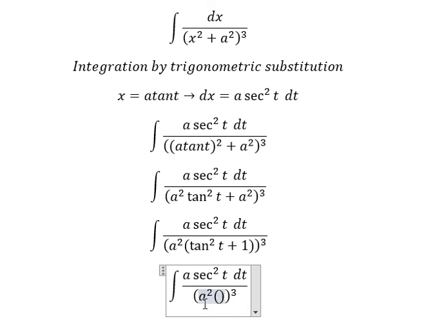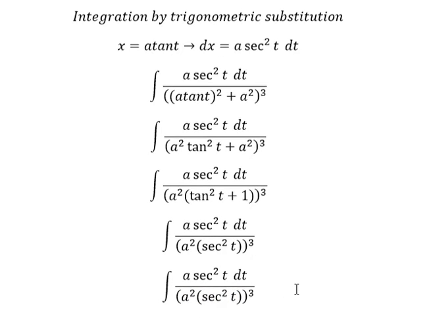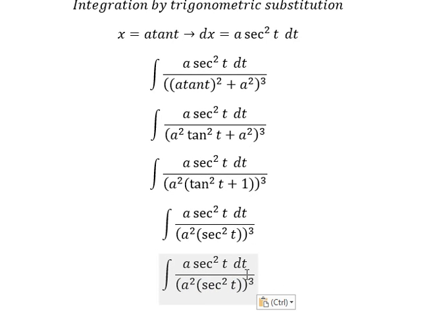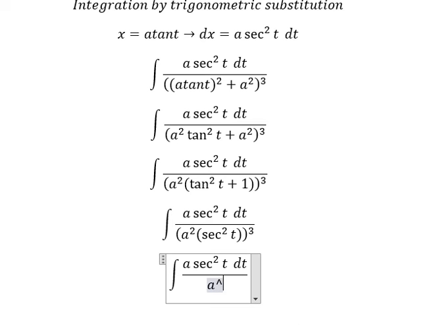This one you get secant squared t, with the power 3 in here, you get a to the power of 6, secant of t to the power of 6.